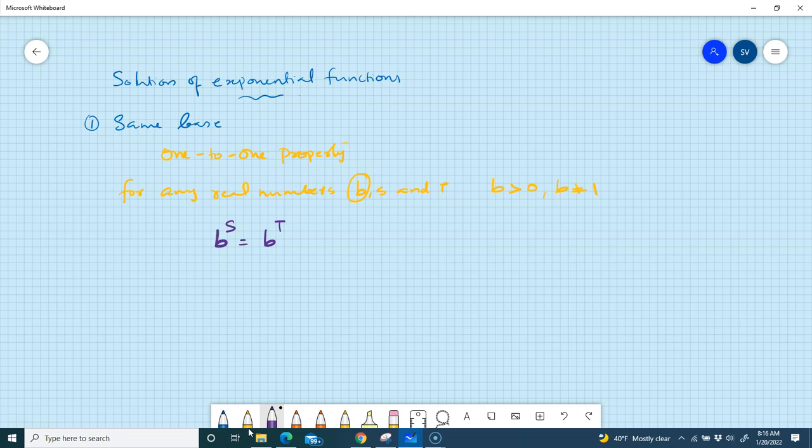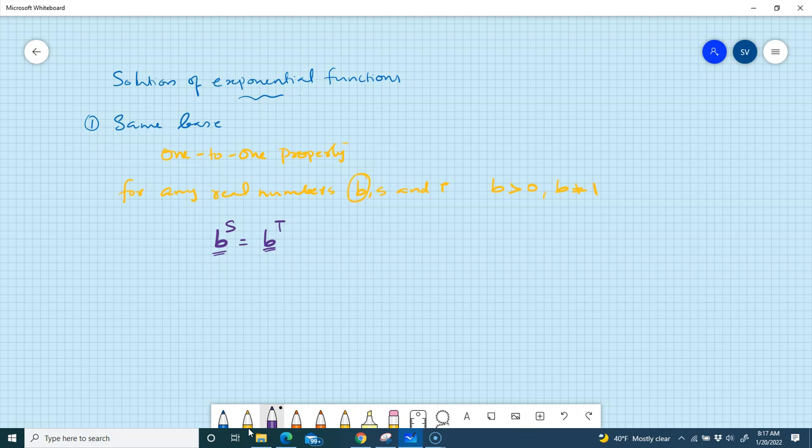See, here both bases are the same. Here the base is b, here also the base is b. We are discussing the exponential function with the same base. So here we defined a property, that is the one-to-one property.